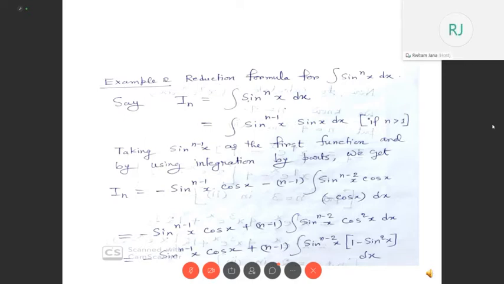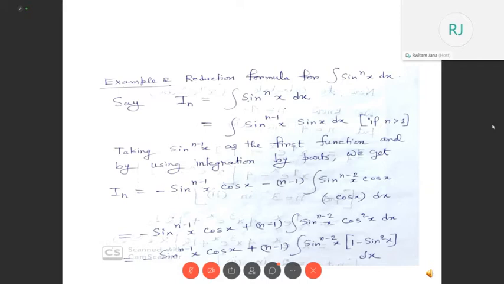You have to find the reduction formula for the integral of sine to the power n x dx, and just like in the previous case, write it as I suffix n. Write sine to the power n x dx as the integral of sine to the power n minus 1 x into sine x dx.